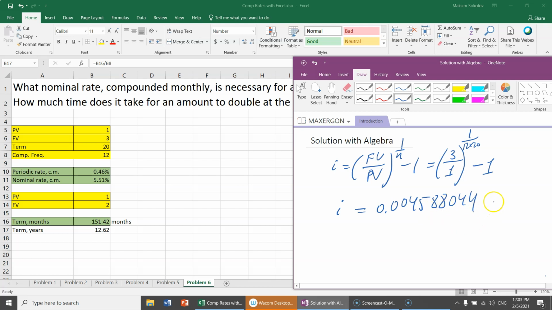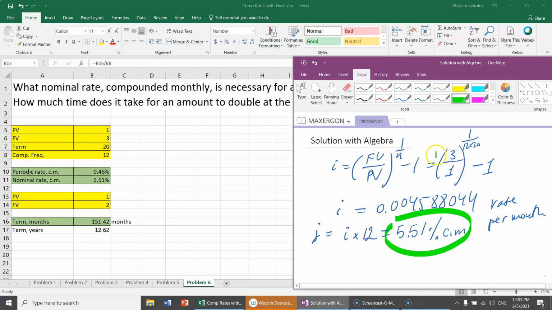This is, of course, rate per month. j, which is the nominal rate, that's going to be i times 12, and that will give us 5.51% compounded monthly. We received this answer, which is exactly the same as we received in Excel. Of course, that's rounded to 2 decimals.